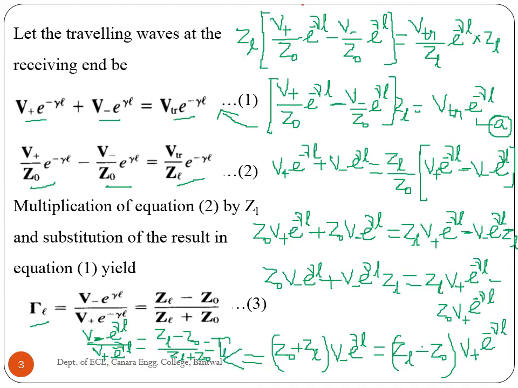In terms of the impedances, ZL is the load impedance, Z0 is the characteristic impedance, V plus and V minus are the complex quantities of the incident and reflected amplitudes. VTR is the amplitude of the transmitted voltage.